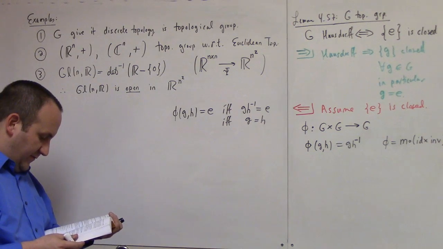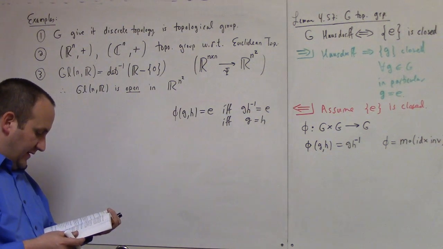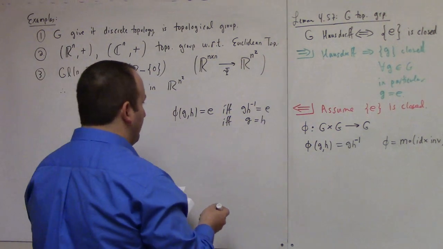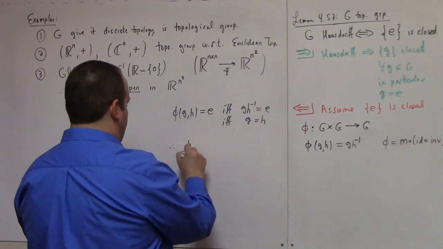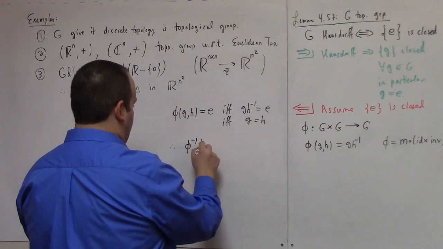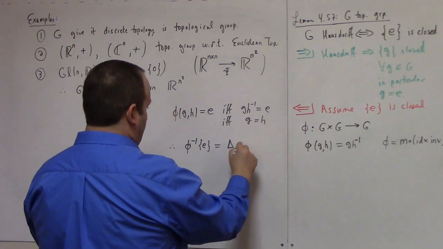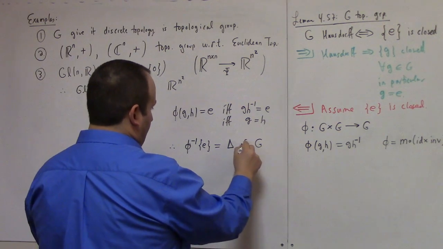What does that mean? The pre-image of E is precisely the diagonal. The inverse image of E is equal to the diagonal of G, I should say, not in G, right?